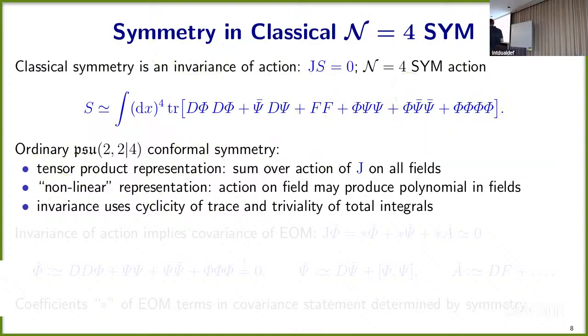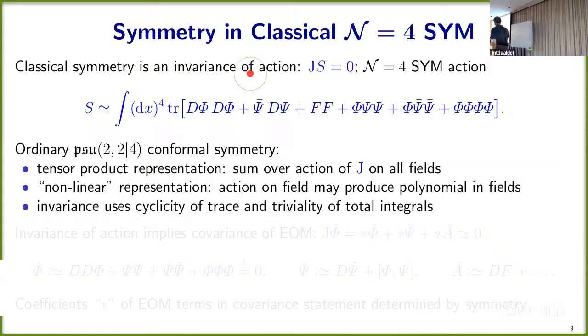And now the ordinary conformal symmetry acts on one field at a time in this product of fields, in this action polynomial. So you pick any of the fields and you act with the symmetry on it, and then you sum over all possible fields in this polynomial. It is, however, what is sometimes called a nonlinear representation, in the sense that a field may transform to not just one field, but it could also transform to any product of fields.